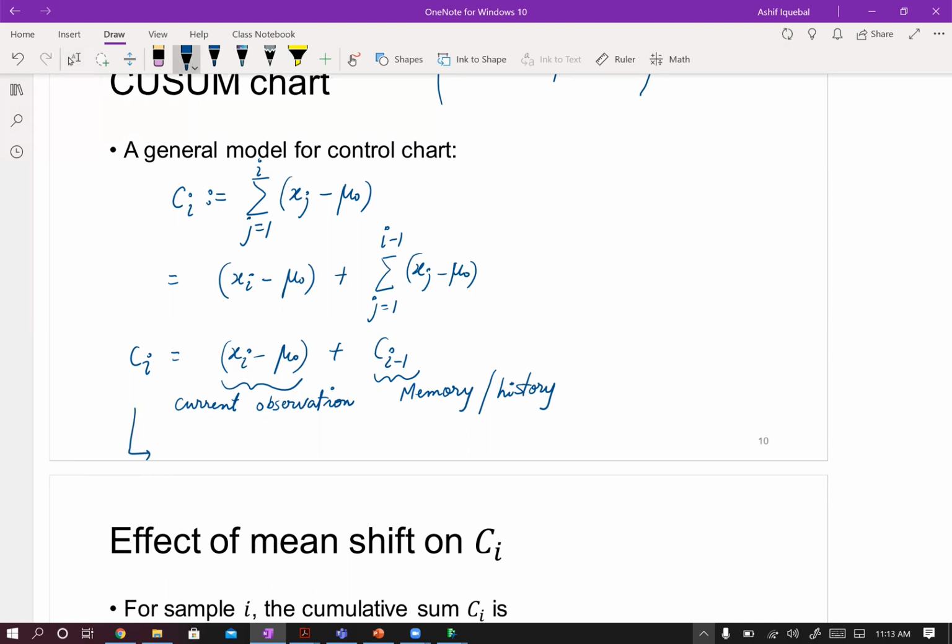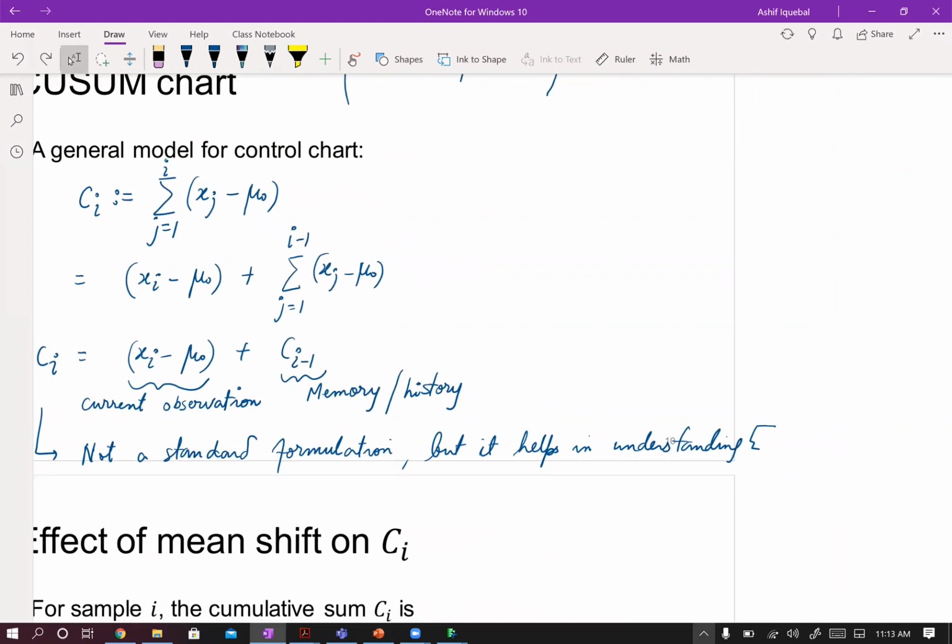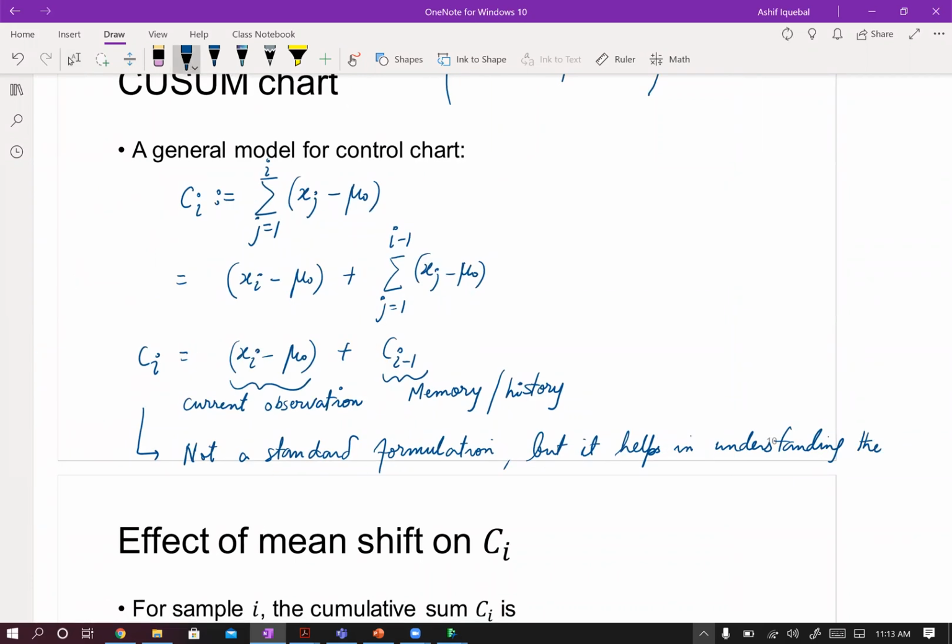So this is not a standard formulation, but it helps in understanding the behavior of a CUSUM chart.